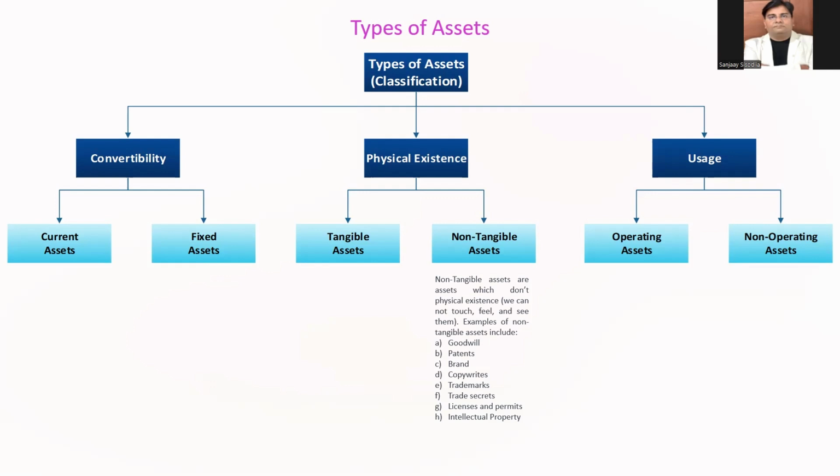Patents, these are the rights that a particular business has because of some research and development, the designs what they have created. Brand name, copyrights. Copyrights are again the legal rights which are provided to a particular business entity for using something which is not available for general public to use.